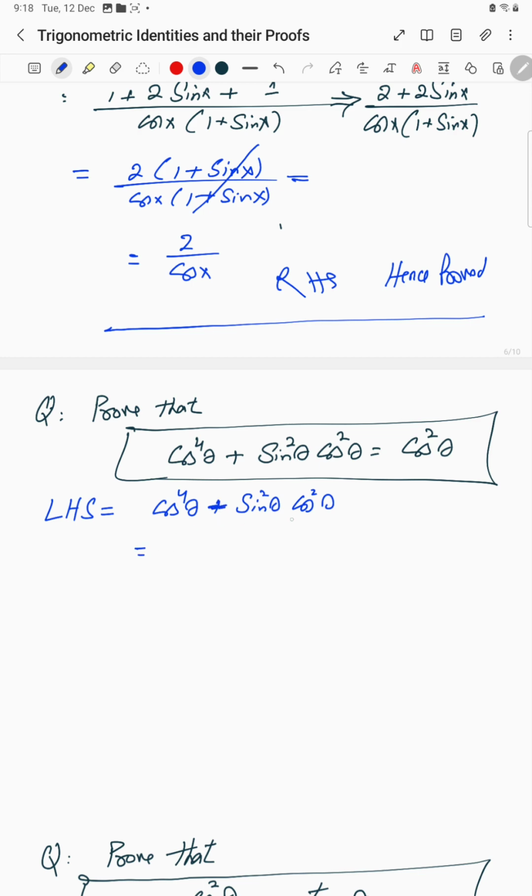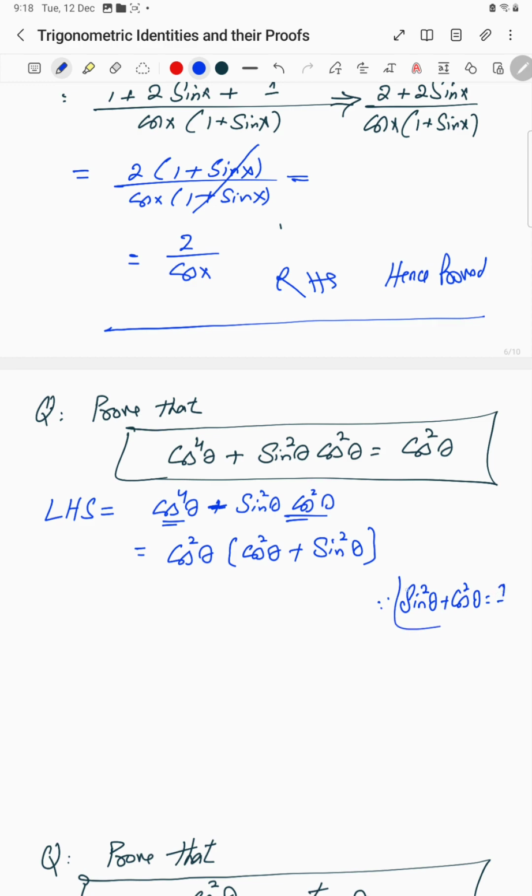So what looks to be common from the first term and the second term? What is common? Yeah, very true, cos square theta can be taken as common, so the rest is cos square theta plus sine square theta. And again it reminds us the identity that sine square theta plus cos square theta is equal to what?